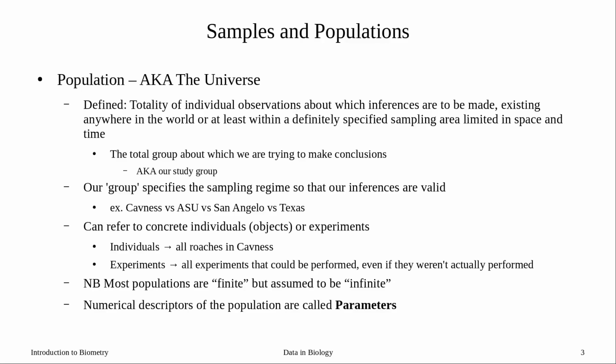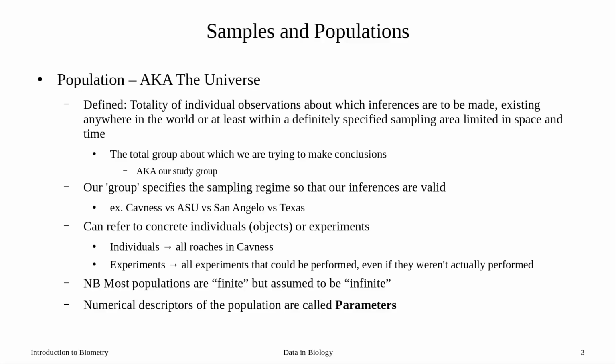I will note that our population could include subsets of experiments. If we do an experimental study and manipulate some single variable and have 5 replicates, our population in that case is all possible replicates that we could have done if we had unlimited time and resources.